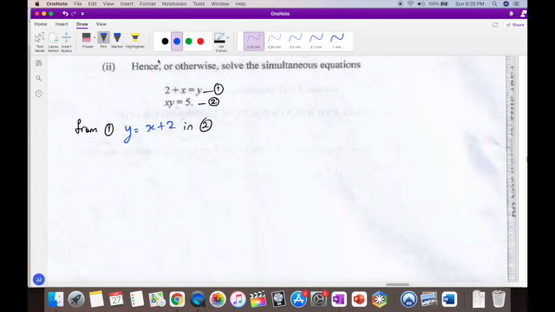And we'll sub that in 2, and let's see. And I could see now why they say hence or otherwise, right? So y is equal to x plus 2, and we subbing it in 2. So we could see here that x times y, which is x plus 2, is equal to 5. Therefore, x squared plus 2x minus 5 is equal to 0.